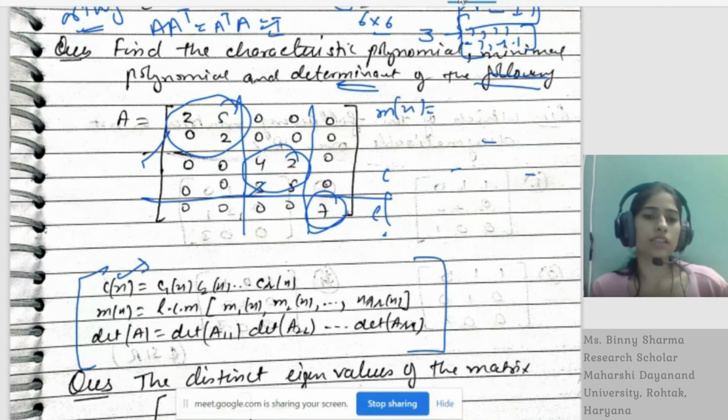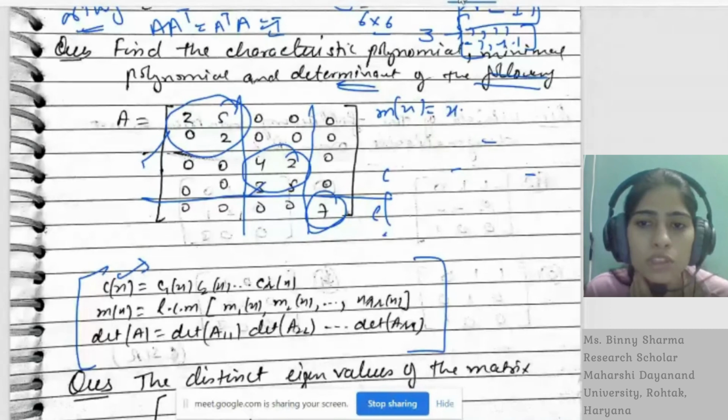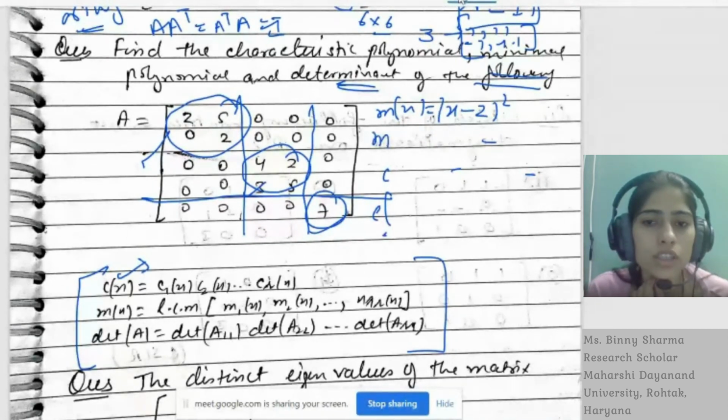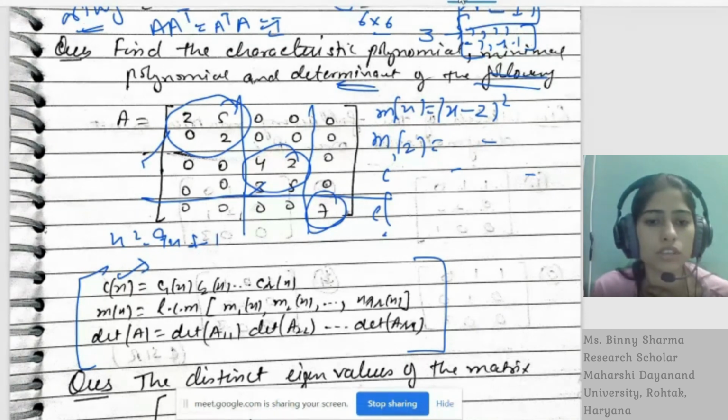So this block matrix is not diagonalizable. So the minimal polynomial will be (x minus 2) square, m1(x), m2(x). Its eigenvalues are from x square minus 9x plus 14, that is 7 and 2.